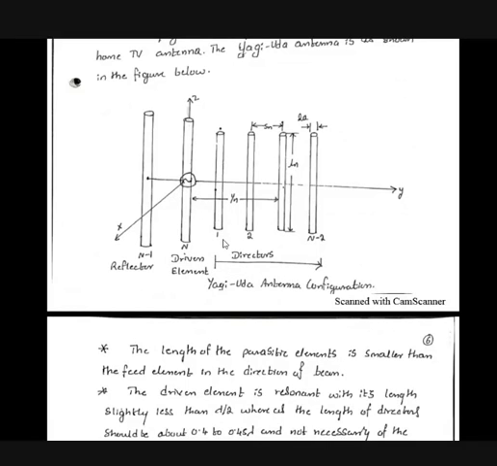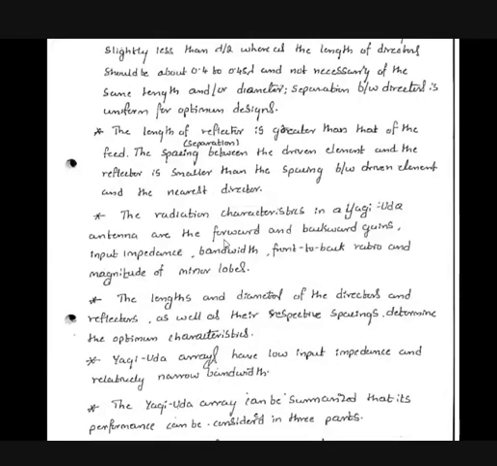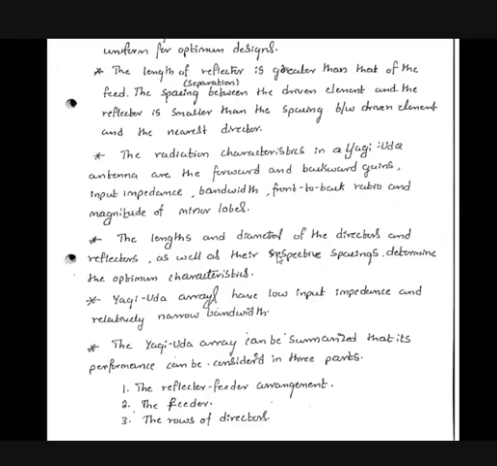Then what exactly are the characteristics? What are the radiation characteristics related to the Yagi-Uda array antenna? There are input impedance, bandwidth, back to front ratio, magnitude of the minor lobes, and backward and forward gain.